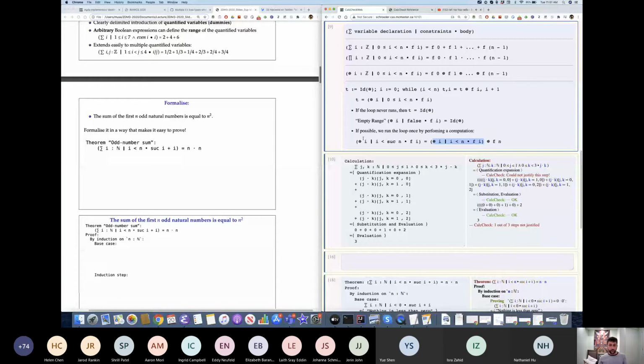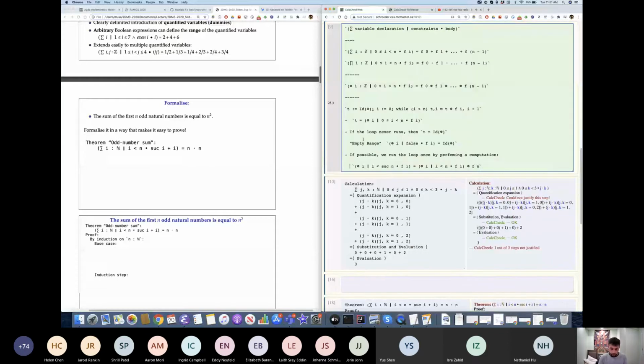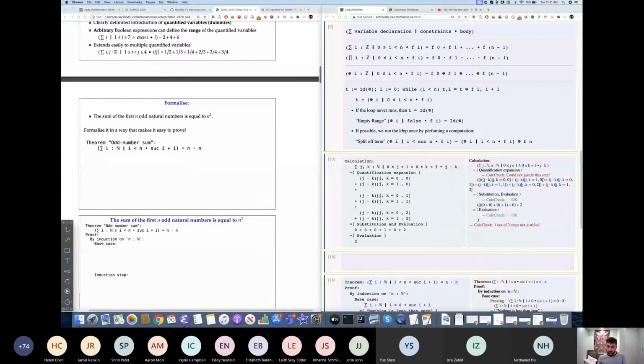This is called split off term. It's all loops all the way down.